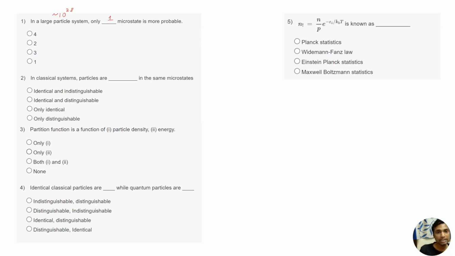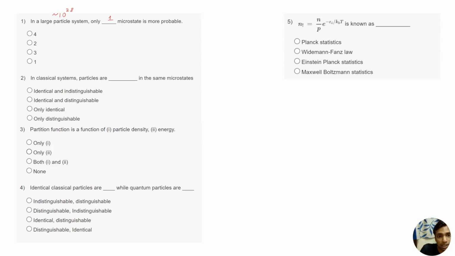Let's say N1 particles are in energy state E1, and N2 particles are in energy E2, and so on. Now if you fix the energy, there would be one configuration of the system in which the probability of that microstate is so much more.